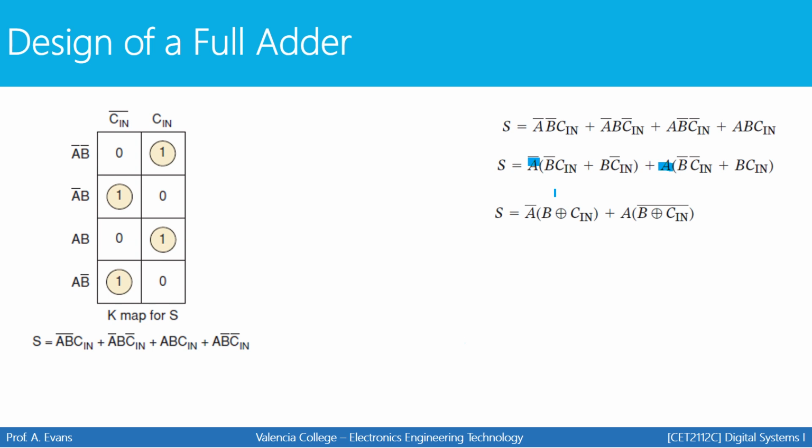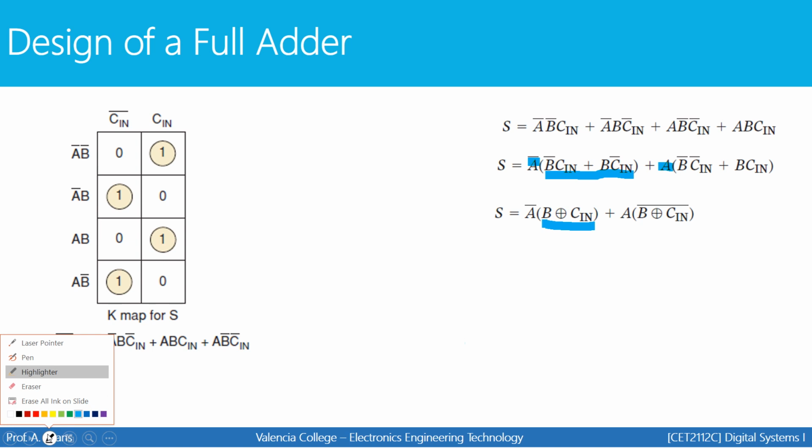Now, if you look at this term right here, remember, exclusive OR is when you have one high and one low, or the other one high and the other one low. That's exclusive OR, which is right here. And then exclusive NOR is when they're either both high or both low. So this becomes exclusive NOR right there.